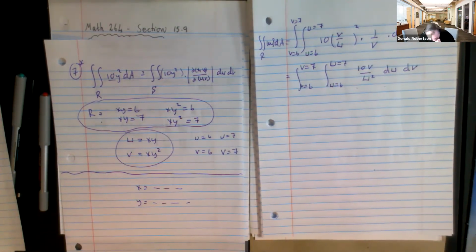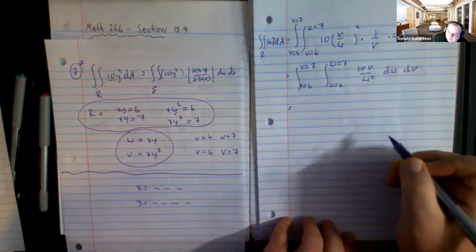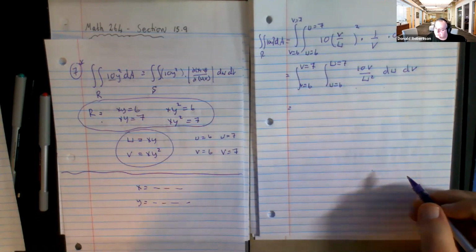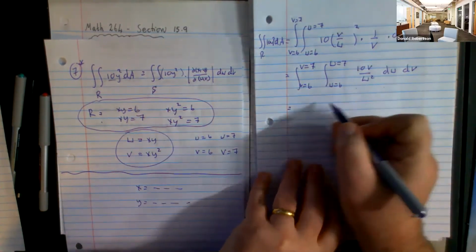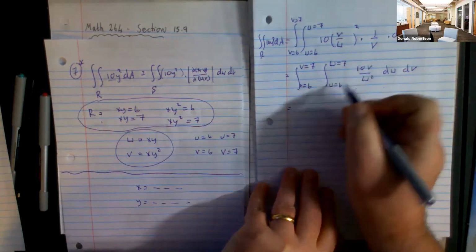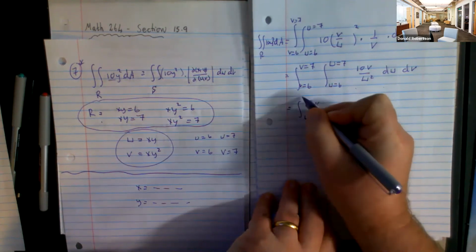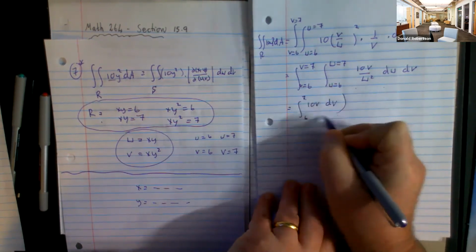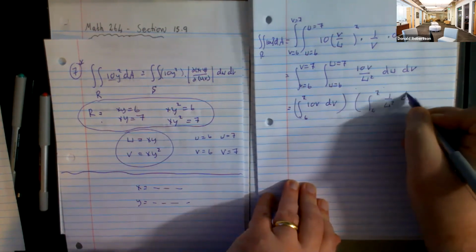Does that look good? A yes or a thumbs up would help. Yes. We are good to go. If you look at this, would you agree it's variables separable? So I'll give the 10v to this one, and I will give the 1 over u squared to this one.